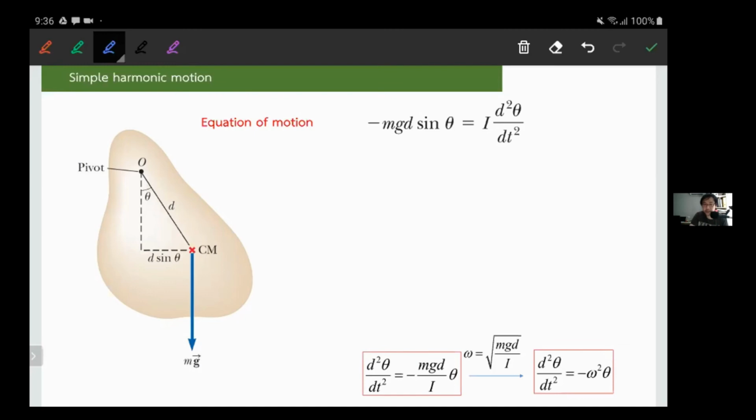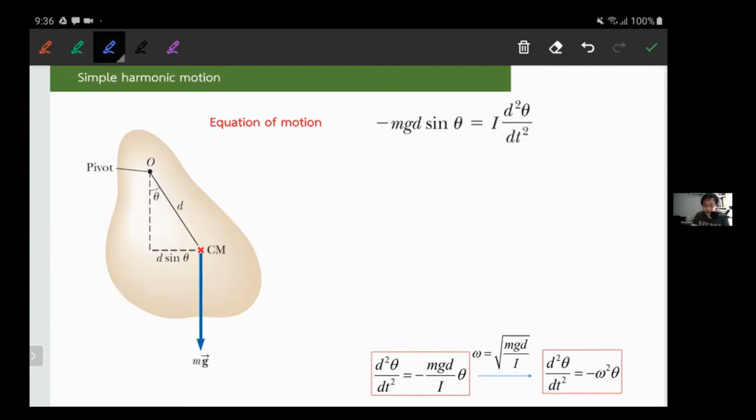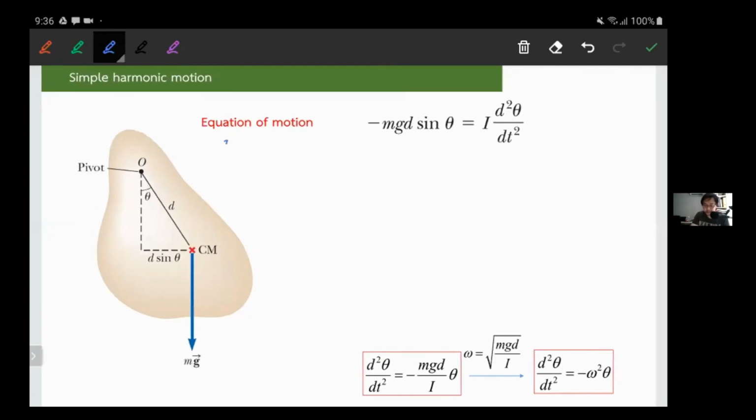The way you can do this is you can use Newton's law, but in the case of rotation. So you use the second law of motion for an extended mass. You have a mass with a shape now, not just a point mass. So what you can do is calculate it through the sigma torque equal to I alpha.